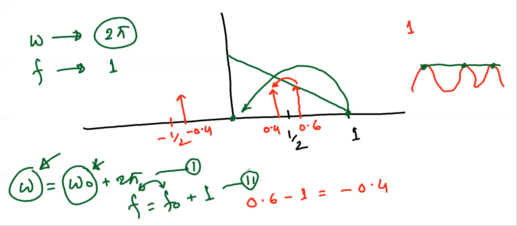Now it will be a very easy task: from 0.6, it will be shifted to minus 0.4, and then shifted to plus 0.4.